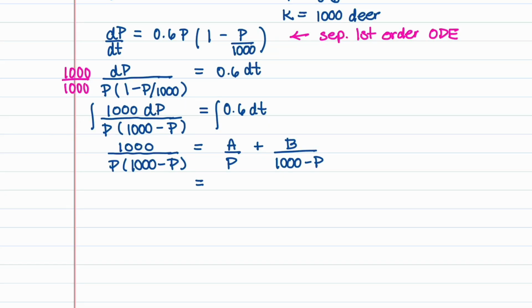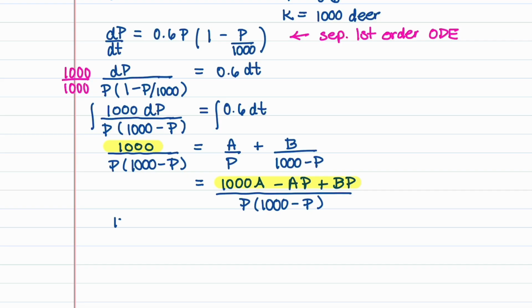Let's cross multiply on our right-hand side and we get 1,000a minus a times p plus b times p, and that's all divided by p times 1,000 minus p. We can now set 1,000 on our left equal to this expression on our right. Let's write that down. We have 1,000 is equal to 1,000 times a, and then let's factor out a p, and we get b minus a.